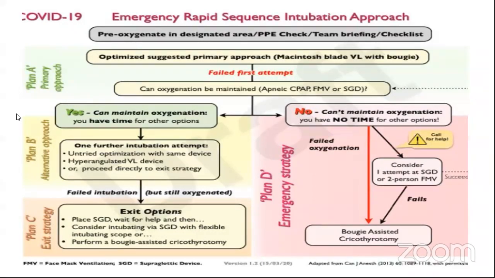The first point is that you want to minimize the time that you take for intubation. You want to decrease the time that you spend with the patient. This is number one, and that's why it is a rapid sequence.